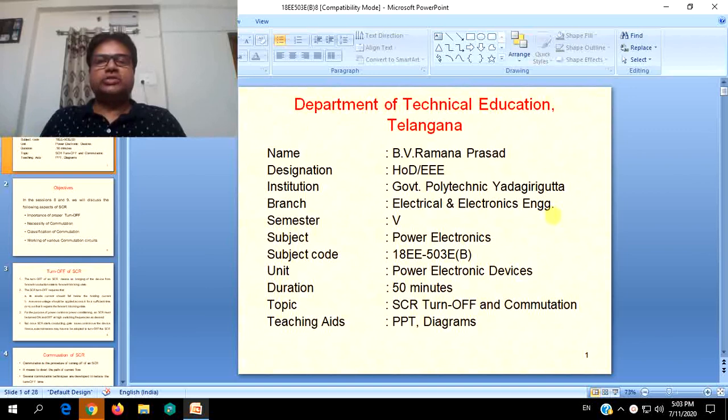This is the 8th session, and before this session we have discussed the fundamentals of power electronic devices, the working and characteristics of some important power electronic devices like SCR, GTO SCR, MOSFET, BJT, LASCR and IGBT.